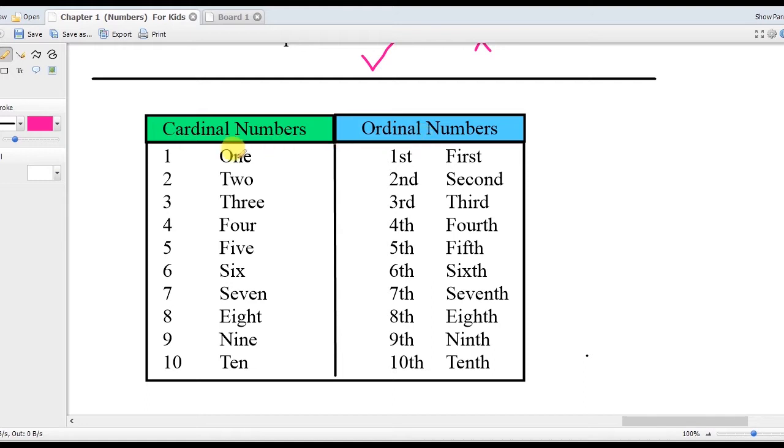We say not 1, but first. For 2, we say second, not 2. So this is the mathematical representation of ordinal numbers: first, second, third, fourth, fifth, sixth, seventh, eighth, ninth, 10th, and so on.